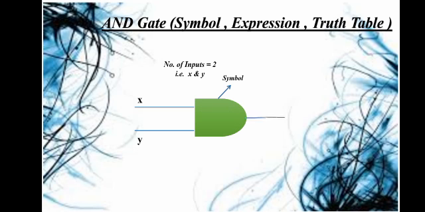Then coming towards the expression, the output is represented with F, and as we know the AND gate is a multiplication of inputs, so we can write F is equal to XY. So F is equal to XY is the expression of the AND gate. Here we have discussed the symbol and expression of the AND gate: the D shape is the symbol and F is equal to XY is the expression.